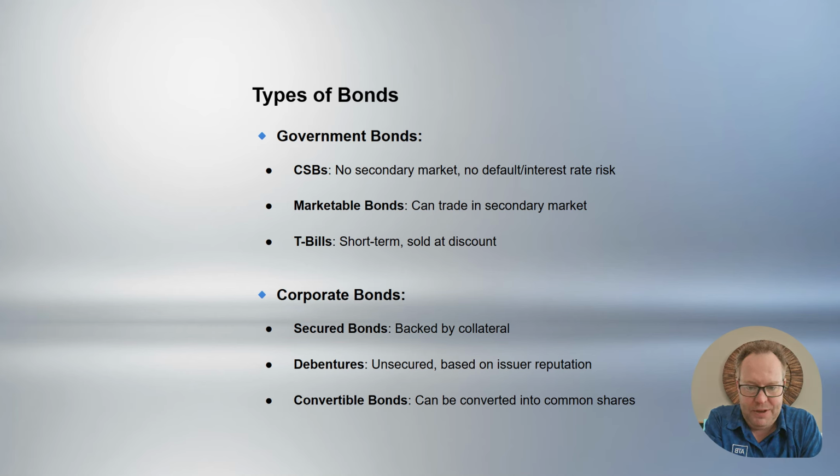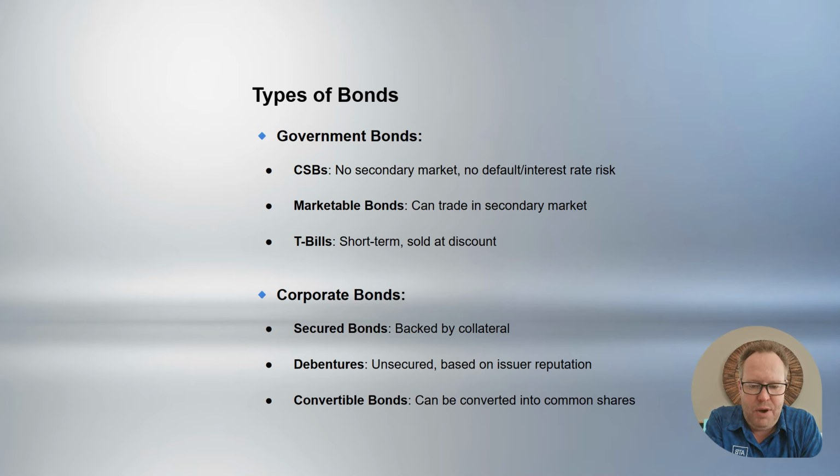Then there are debentures. They are the same as secured bonds, but simply unsecured. So an unsecured version of a secured bond is called a debenture. Being unsecured, they're simply based on the issuer's reputation to be able to repay its debts and to pay back bondholders. The third type of corporate bond would be a convertible bond.